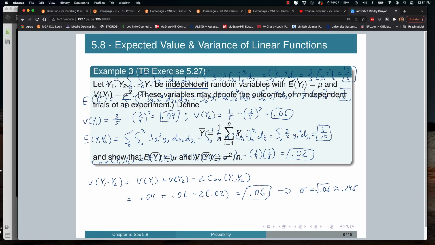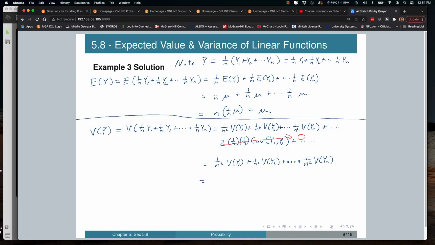So we can replace that in the formula here, and we end up getting sigma squared over n squared plus sigma squared over n squared plus dot dot dot sigma squared over n squared, because that's what happens for each step, which again just equals n times sigma squared over n squared, which becomes sigma squared over n, like we wanted to find.